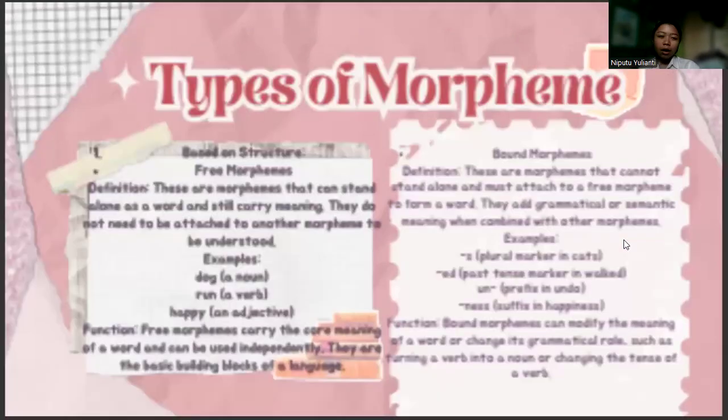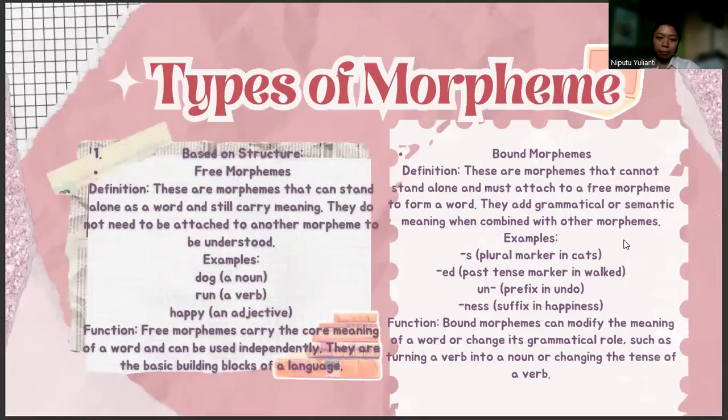Next, the types of morphemes. The first one is based on structure, and there are two: free morphemes and bound morphemes. Free morphemes are morphemes that can stand alone as a word and still carry meaning.